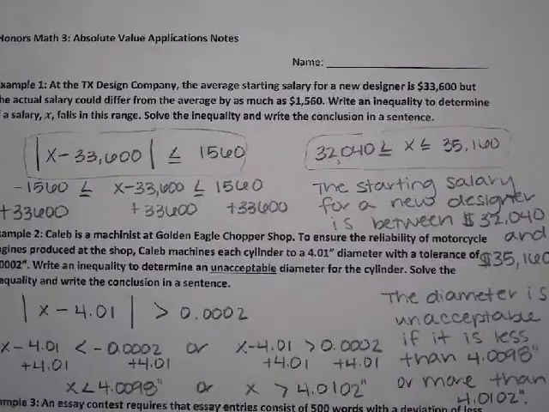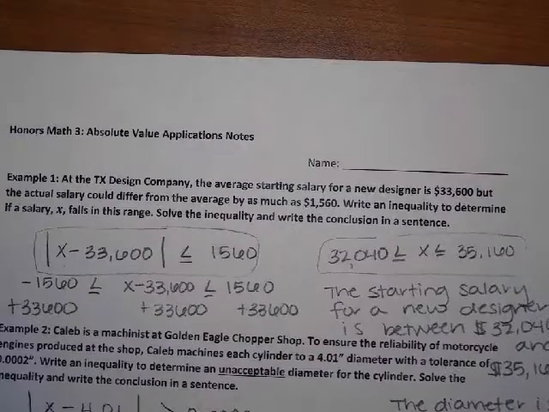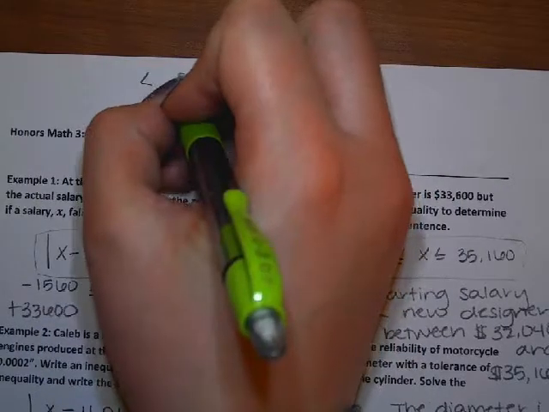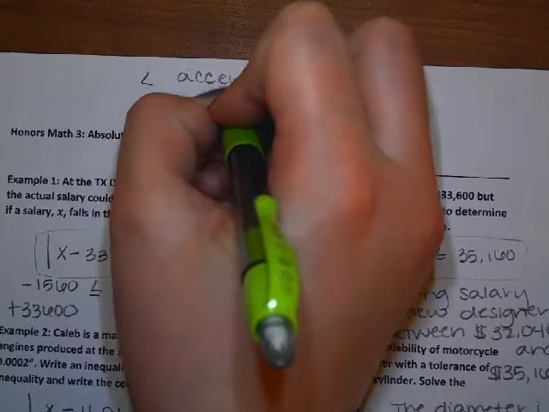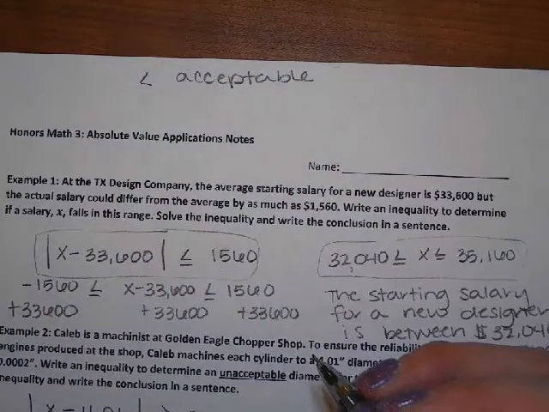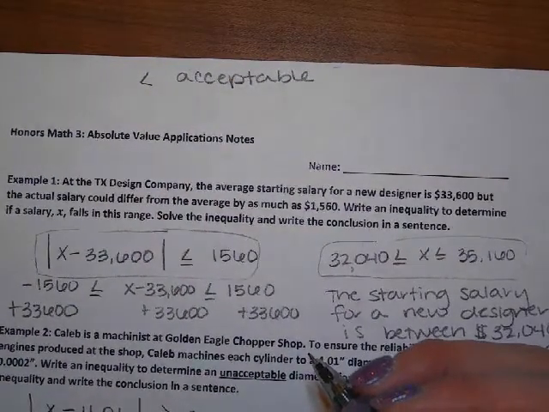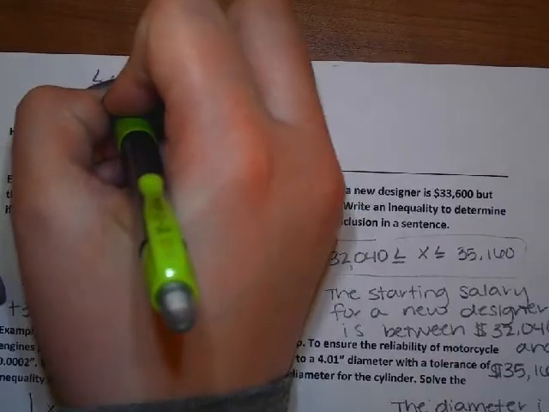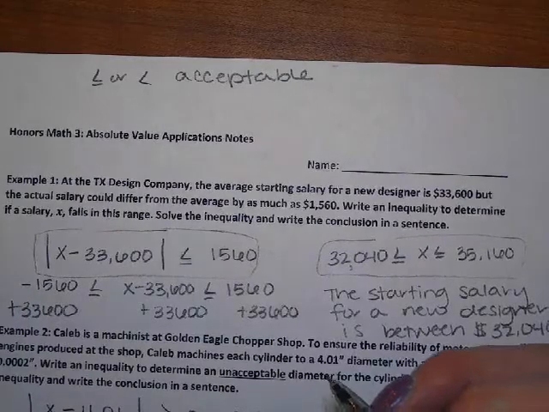So one thing, we're going to put this at the top. In general, these problems, if it says less than, those are acceptable values. And it could be less than or equal to. It depends on the wording of the problem. So I'm not going to put the equal to. Well, actually, I'll say this. This or this could be the acceptable answers.